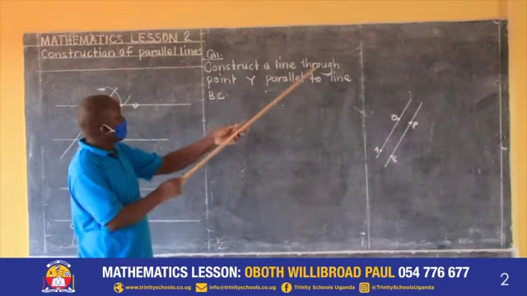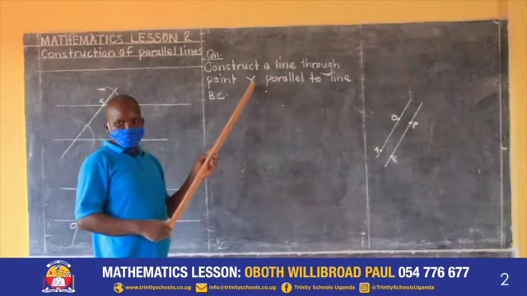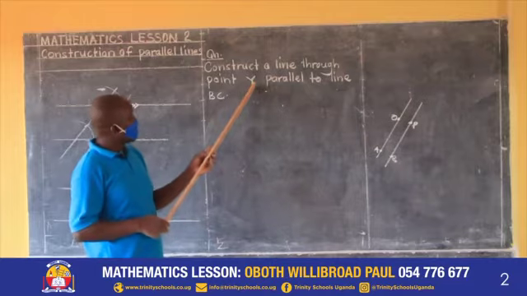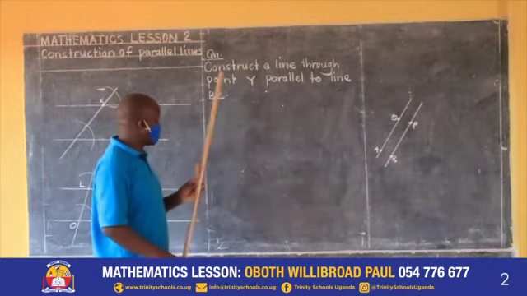Construct a line through point Y, meaning that they are going to give you point Y, and that line must be parallel to another line called BC.